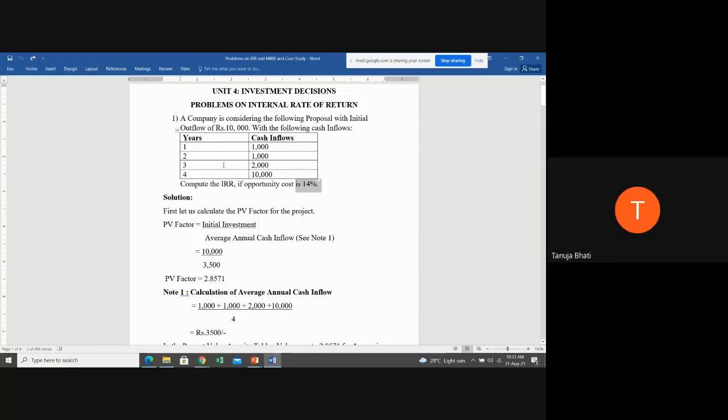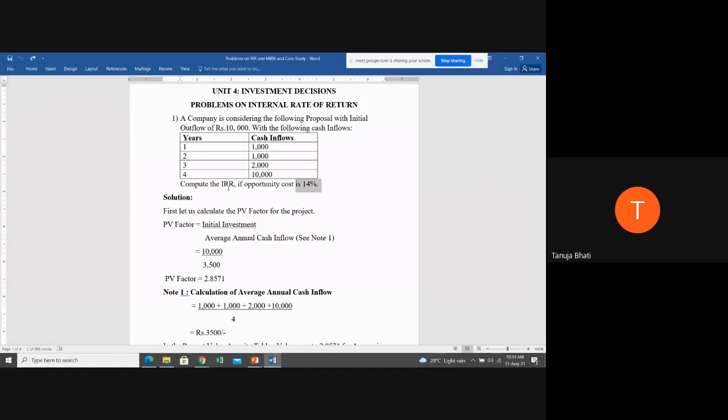The rate of return is 10.24%. The opportunity cost is 14%. The rate of return that you're going to get from your investment is 10.24%. Should we accept this proposal or reject the proposal?